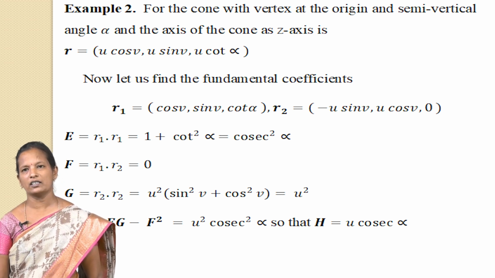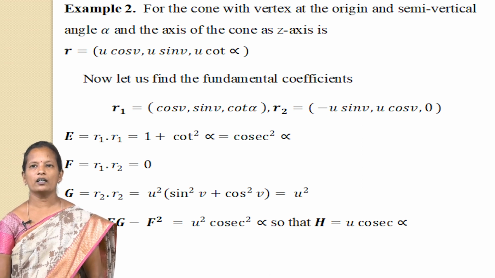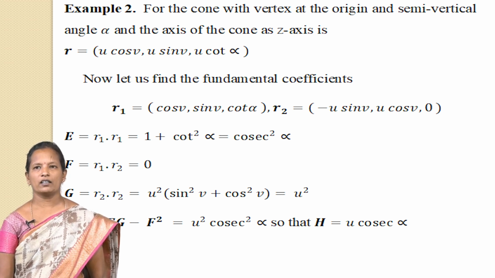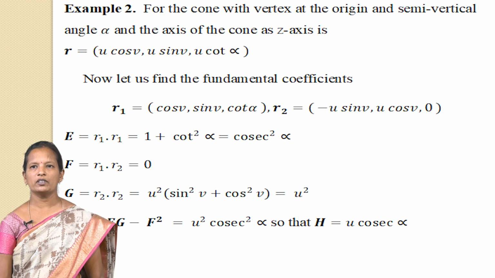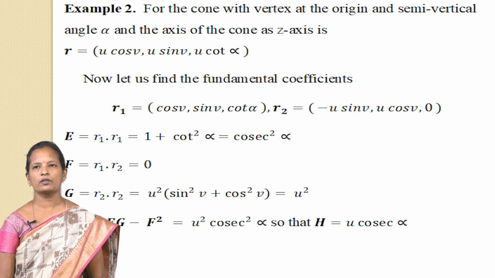R1 means differentiate the R vector with respect to u, and R2 means differentiate the R vector with respect to v. So we get R1 vector as cos v, sin v, cot alpha; here the variable, as usual, is u.